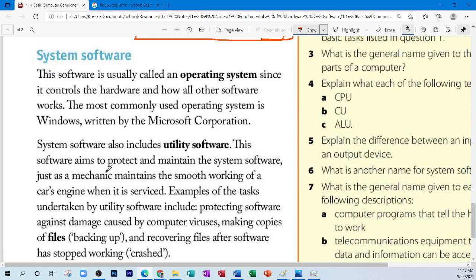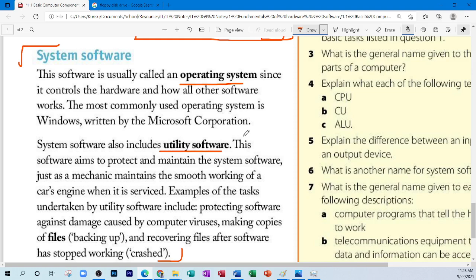Brittany, can you read for us? This system is usually called an operating system since it controls the hardware and how all other software works. The most commonly used operating system is Windows, written by Microsoft Corporation. System software also includes utility software.